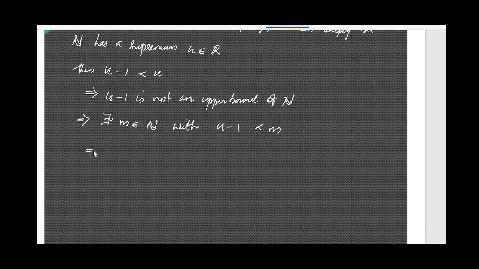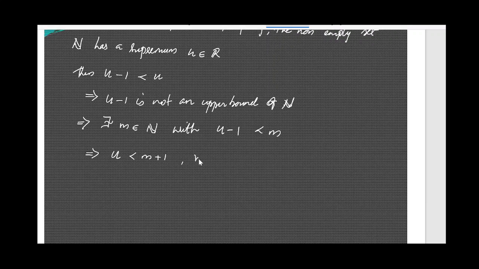So from this you will get U is less than M plus 1, right? We know that M belongs to N, and therefore M plus 1 also belongs to N. M is a natural number, then M plus 1 is also a natural number. Now what did you get? U is less than a natural number.